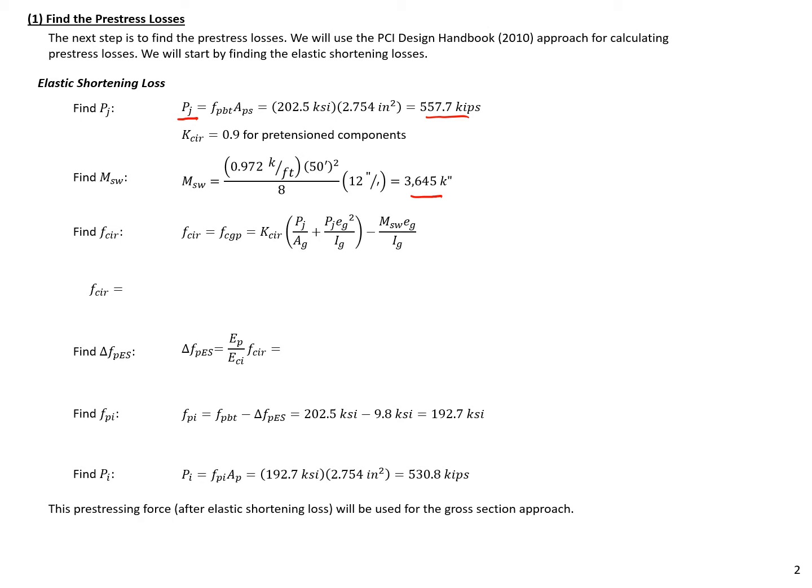And then we can plug in all of our known values with our gross section properties to find the stress in the concrete at the same level as our pre-stressing.